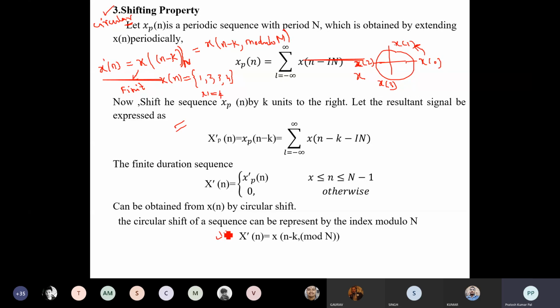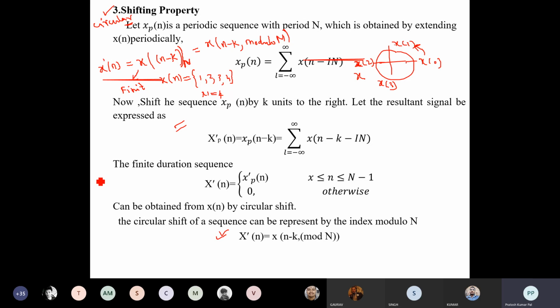Just to note it down, there is a property called circular shift property, and it will be used in some calculations. Whatever shifting is there, we cannot go for general shifting. In case of DFT, as it is of finite length, the DFT that we get should be of finite length.